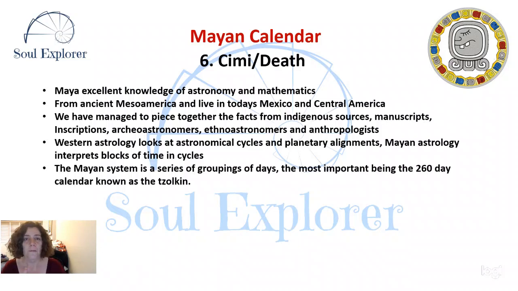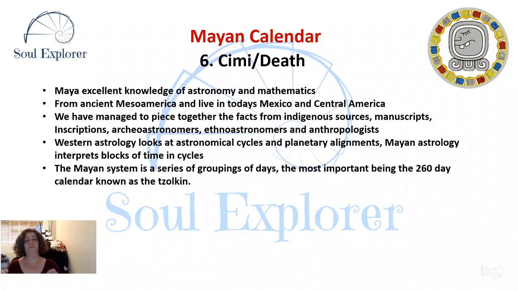For example, my day sign is Road or Abe, but I was born in the Tzolkin of the Serpent. So I was born within those 13 days that are dedicated to the Serpent day sign. So I'm a Road Serpent, 75% Road, 25% Serpent, but we'll get to that.